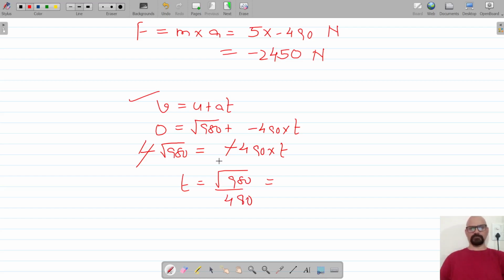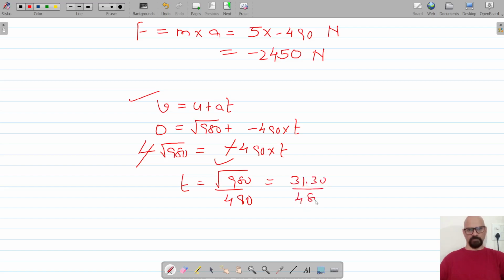Let's calculate the square root of 980. The square root of 980 is 31.30.